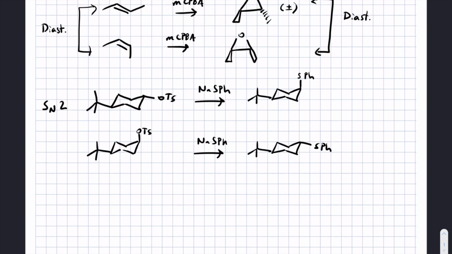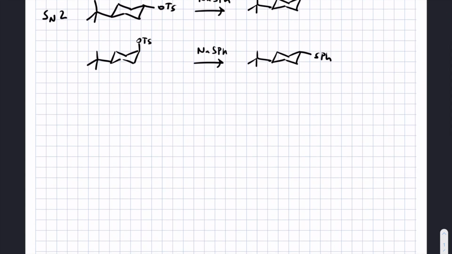And there are some other examples. E2 is a stereospecific example. One of my favorite test questions in 351 was to give people some chiral alkyl bromide with specific stereochemical relationships between the groups and say, okay, do the elimination reaction, and you should only get one product.